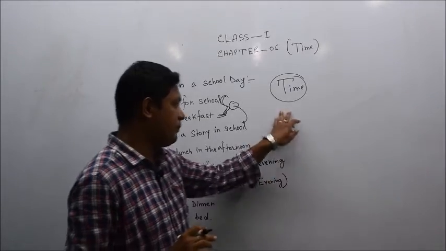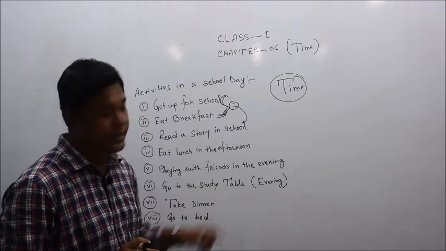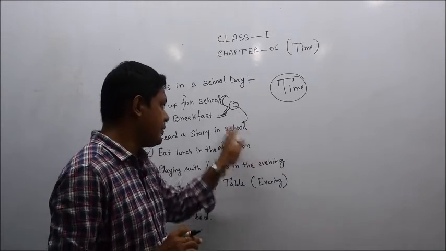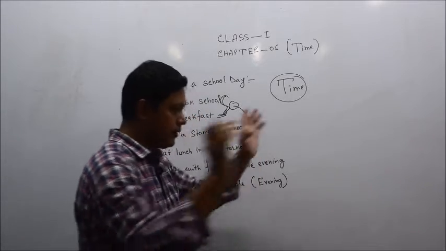So we have to justify time. That means we have to measure and quantify this time for these events, isn't it? So how do we justify and compare time?